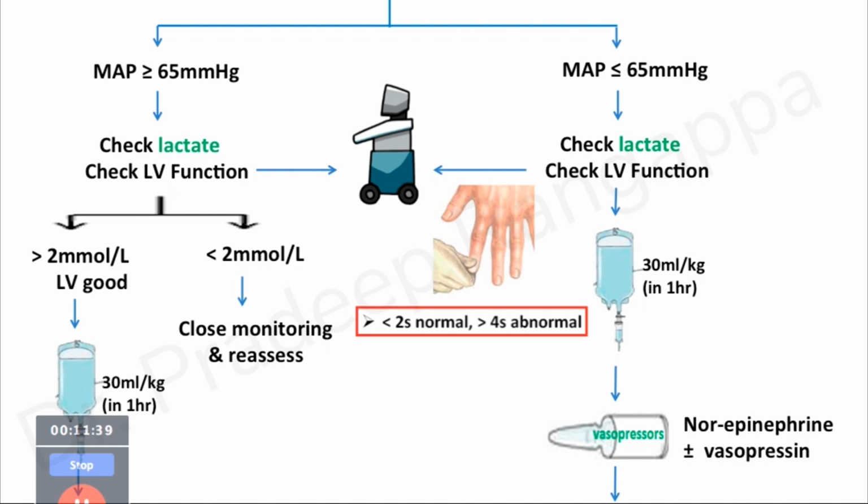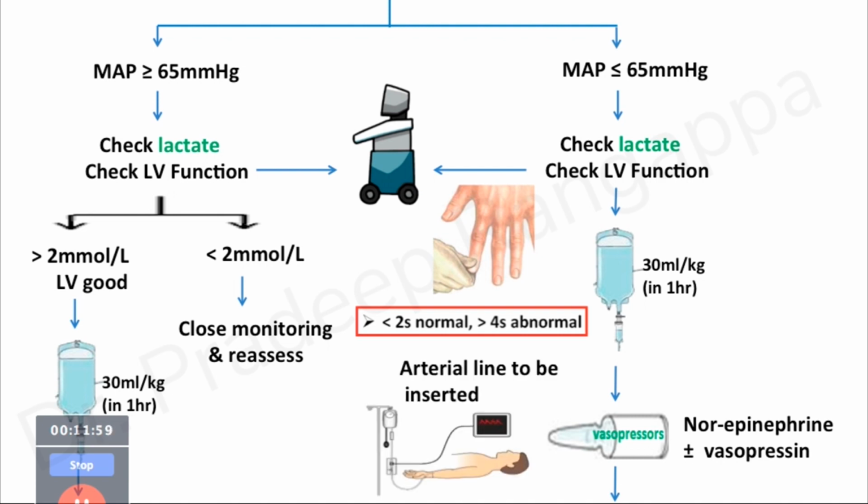But here, after noradrenaline, blood pressure has still not come up, you would consider adding a second vasopressor if blood pressure is very low. The desired vasopressor is vasopressin along with noradrenaline, or you may have to increase the noradrenaline dose. This is in the setting where LV function is normal.